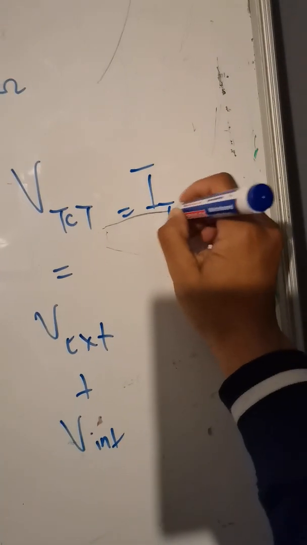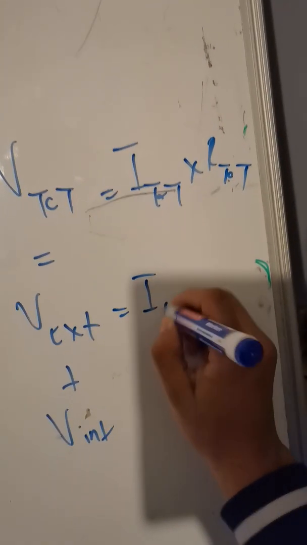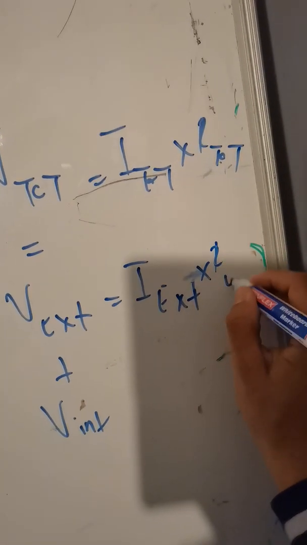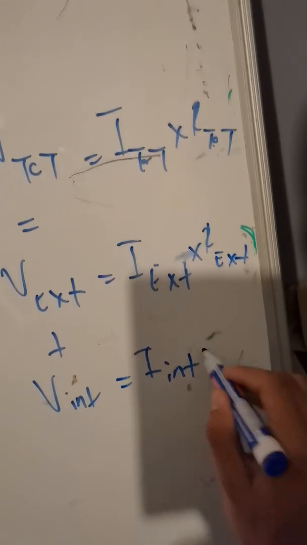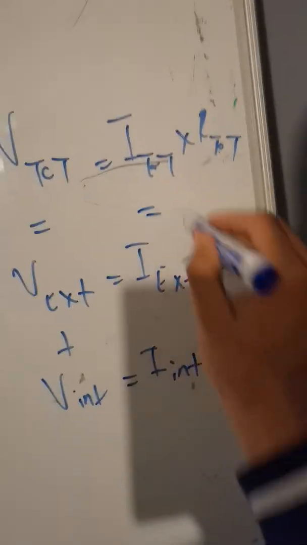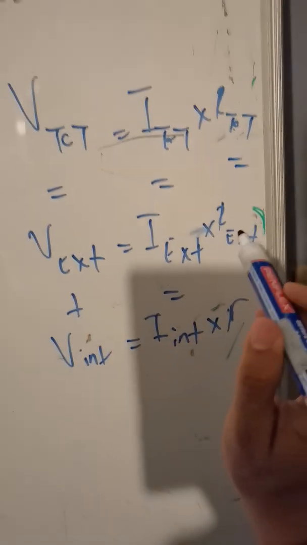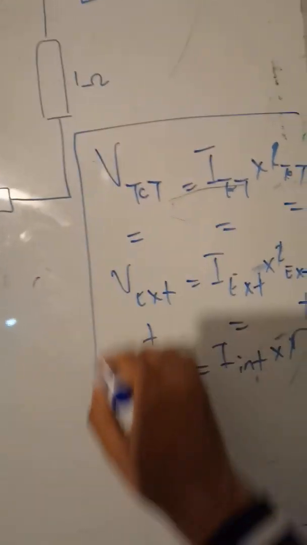V total is equal to I total times R total. V external is equal to I external times R external. V internal is equal to I internal times R internal. I total is equal to I external, equal to I internal. I total is equal to EMF over R external plus R internal. You can go back to the introduction video to understand that table.